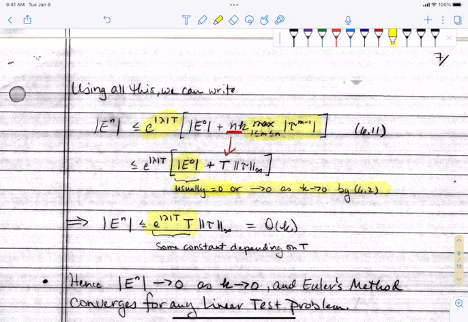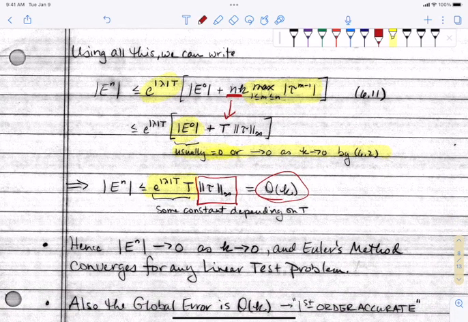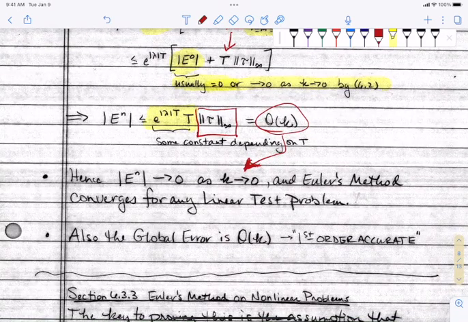So what you can see there is that that piece in yellow is a constant. That means that this infinity norm is giving us our O of k. That means that our global error is going to go to 0 as k goes to 0. Our global error for Euler's method is big O of k, or we call it first order accurate.